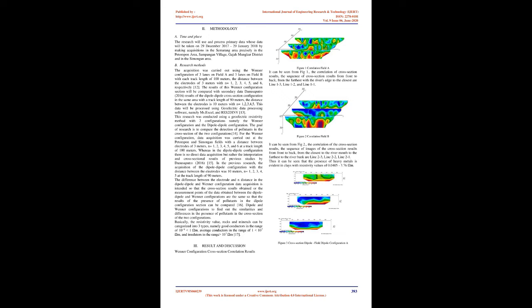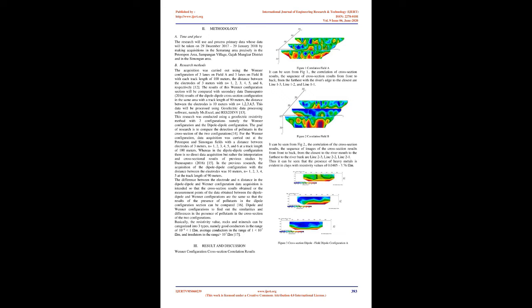The purpose of mapping is to find out information on lateral resistivity variations, so the mapping technique uses a specific electrode configuration with fixed distances between electrodes. The entire electrode arrangement is moved to follow the path. Electrode configurations commonly used are Wenner and dipole-dipole. However, the Wenner configuration has the advantage that it can be used for mapping and sounding measurements.